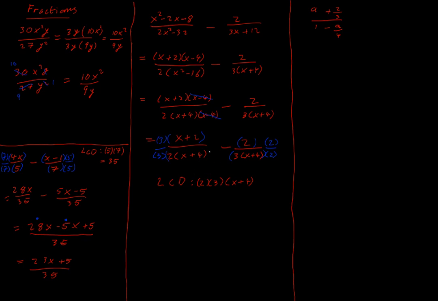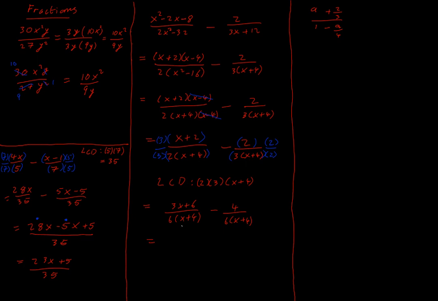So I've got all of my multiply, and I end up with 3x plus 6 all over 6 on x plus 4 minus 4 all over 6 on x plus 4.